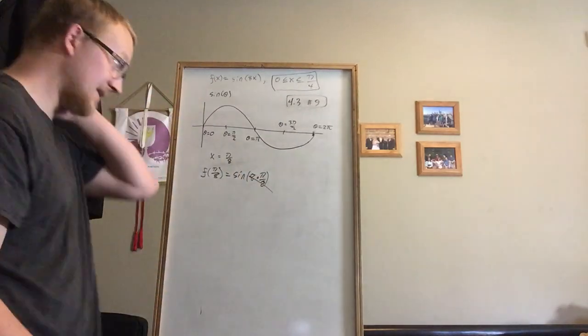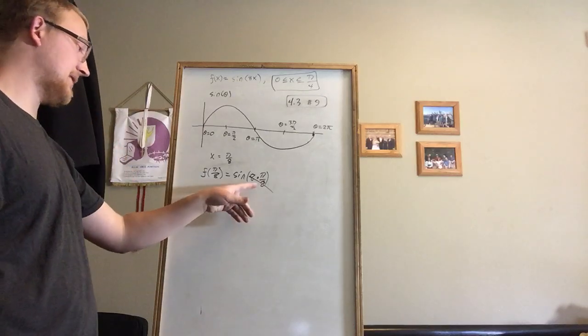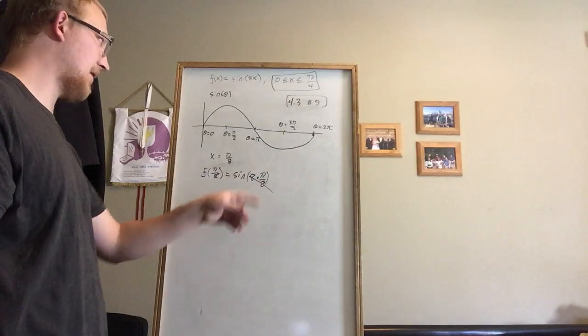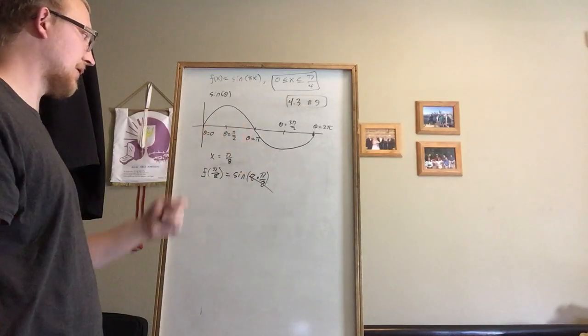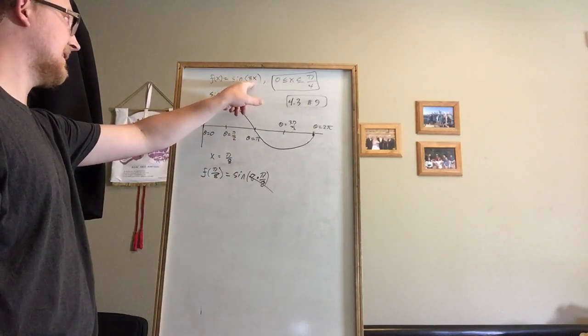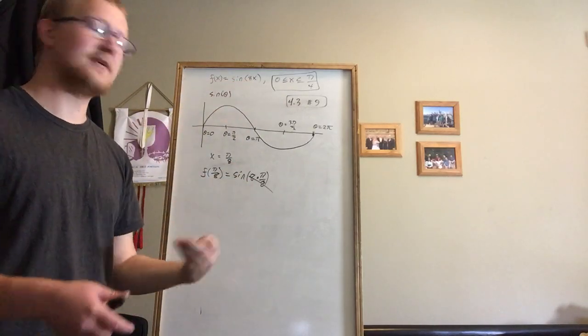The eighths are going to cancel, and now you'll notice that this is sine of pi, which is, of course, 0. So the point being here is that this 8 actually increases your frequency.